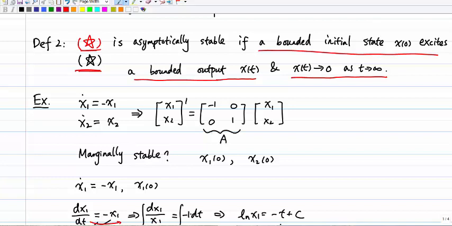Here we have A is negative 1 0 0 positive 1, which is a 2 by 2 matrix. So is the system marginally stable?